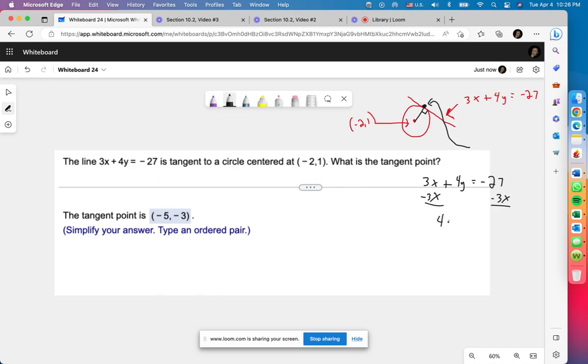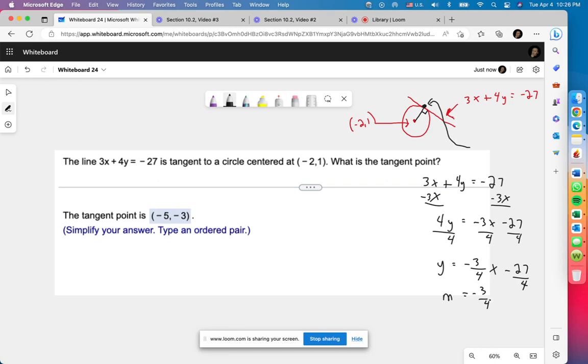So now I have 4y equals negative 3x minus 27. Divide everything by 4. So y is equal to negative 3 over 4x minus 27 over 4. Okay? Well, the slope of this line is m equals negative 3 over 4.